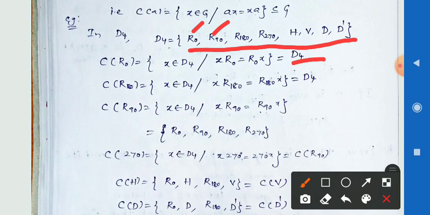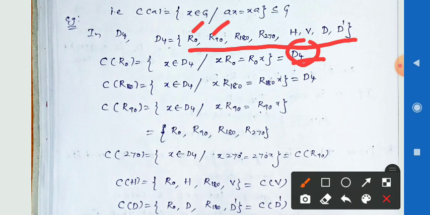Therefore, by varying the X values, we get all the D4 values, the dihedral group values. So C of R0 is equal to D4, the dihedral group.